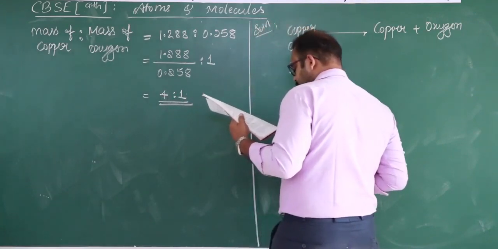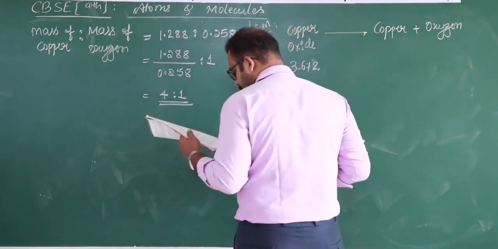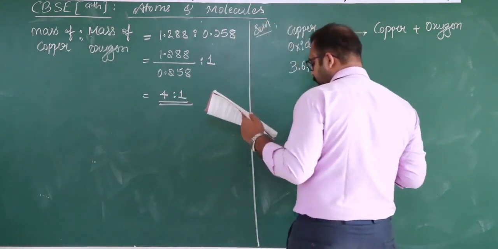So 3.672 gram of copper oxide on reduction gives 2.938 gram of copper.